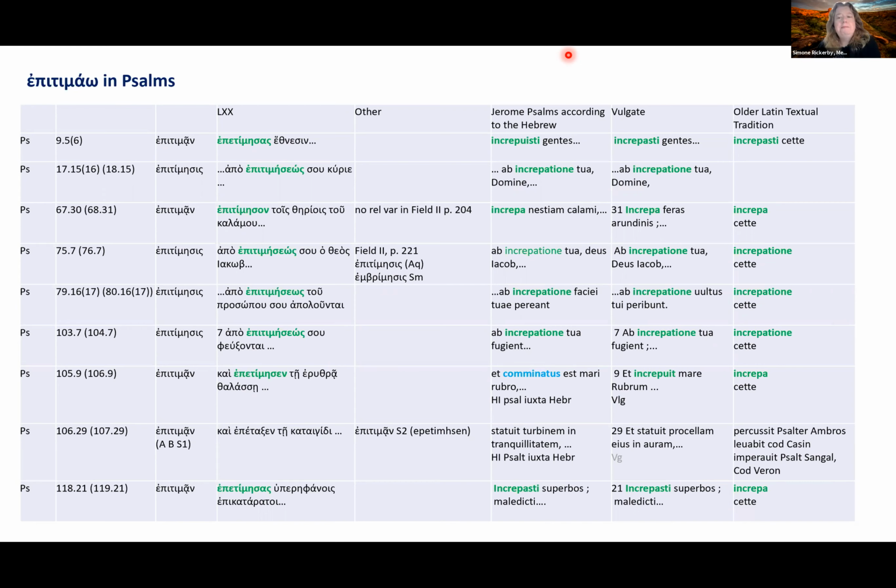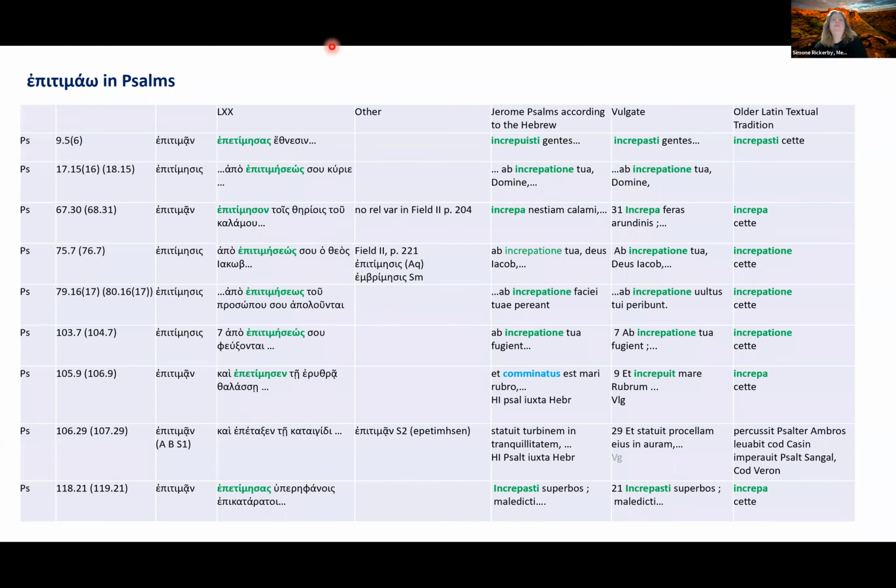So by limiting our discussion, due to time, of course, but also due to convenience, the Vulgate text of Psalms is considered an older Latin text. And this provides us with a way of accessing, using the indexes and online tools, certain items of vocabulary, such as comminari, or in this case, increpare.